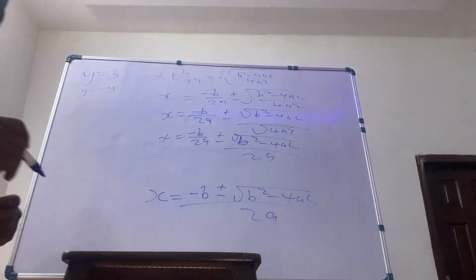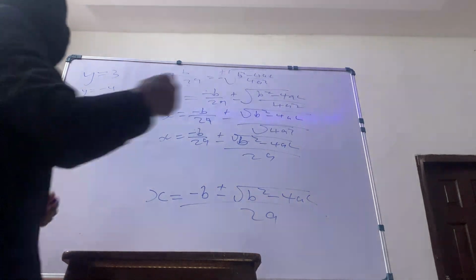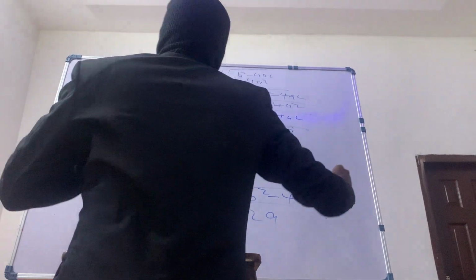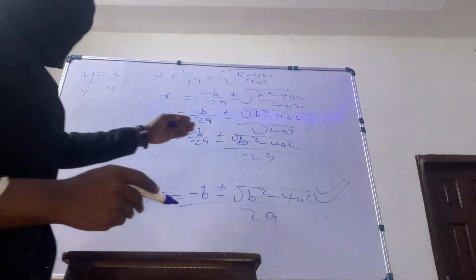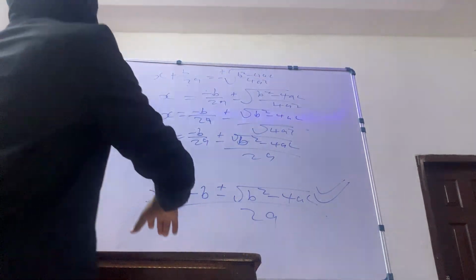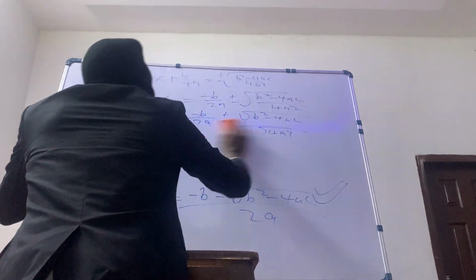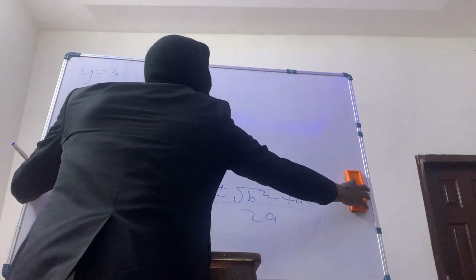Now we have arrived at our quadratic formula. This is the formula that is going to be used to solve the equations that we were having earlier. So, without wasting time, let us just use our formula.